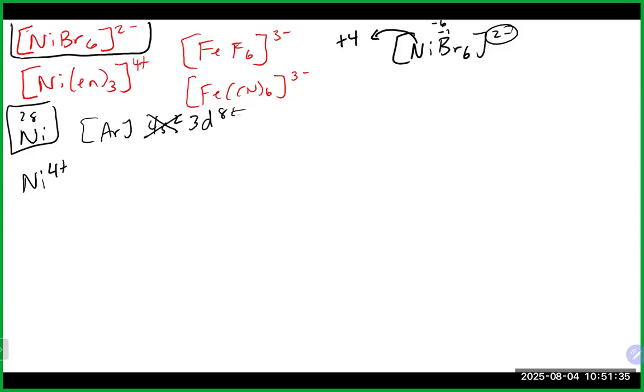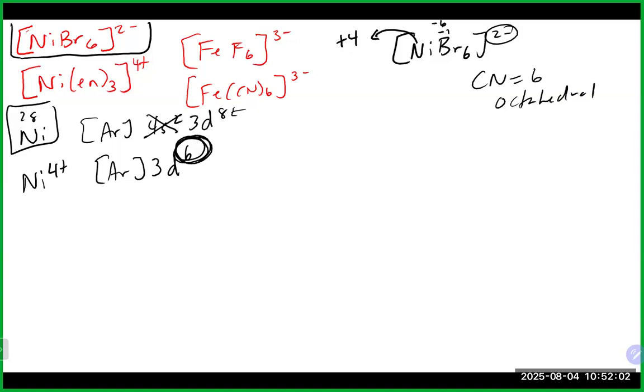It will also lose 2 electrons from the d, and it will leave it with argon 3d6. Those 6 electrons that are in the d orbitals are the ones that we want to distribute here in our little picture of our crystal field splitting of those d orbitals. By the way, the coordination number here is 6, which is the octahedral arrangement.